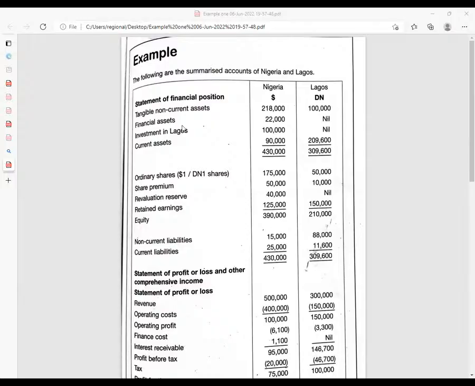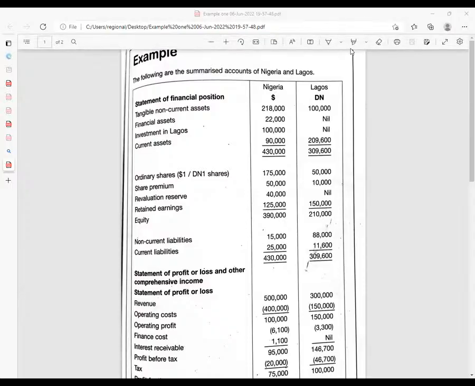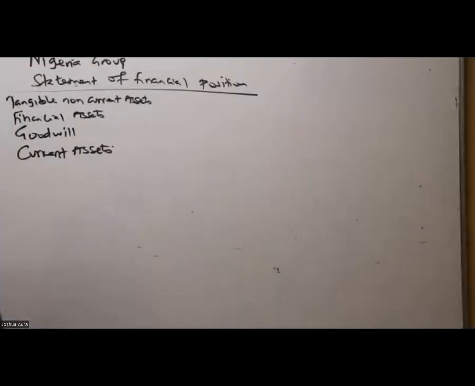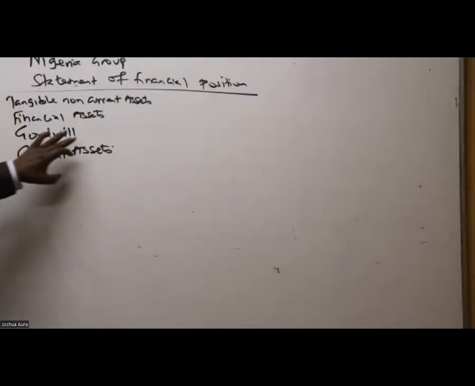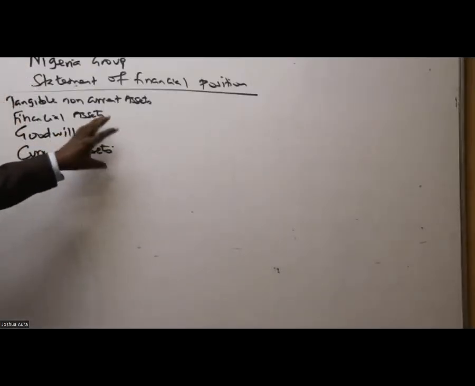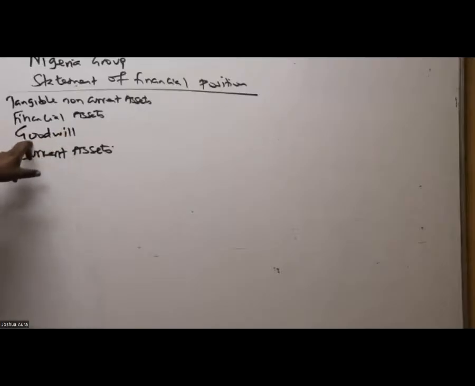Let me first allow you to copy whatever we have here. Could you kindly copy this? I'm simply copying everything. Apart from investment in Lagos, which I've replaced with goodwill, everything else remains the same.